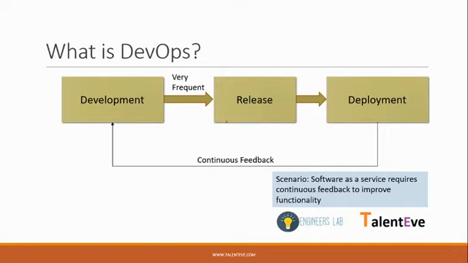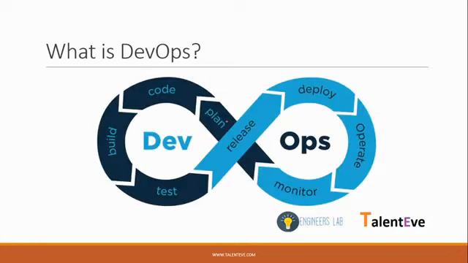So there is a continuous chain that runs forever until the project gets completed. These things are very familiar in software development scenarios, where they call it software as a service, and it works very well in that environment.